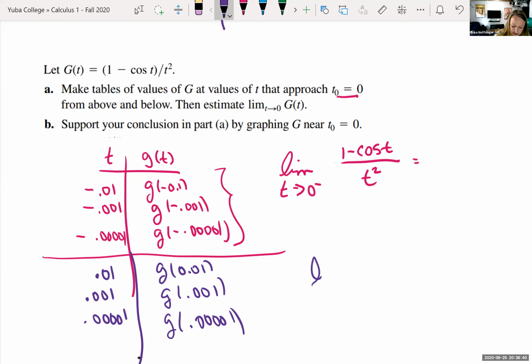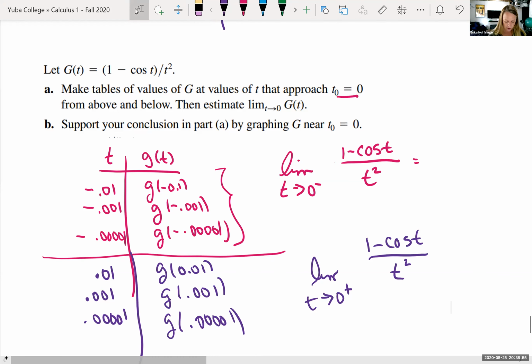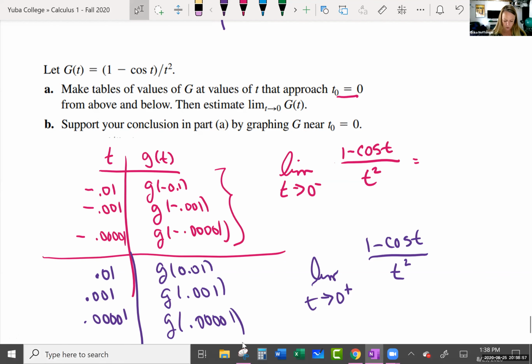Okay, so this is the limit as t approaches 0 on the right of this function. So let's go in again and define this function in Desmos, and then let's plug in these values close to 0 on the left and the right, showing that you're getting back one result.